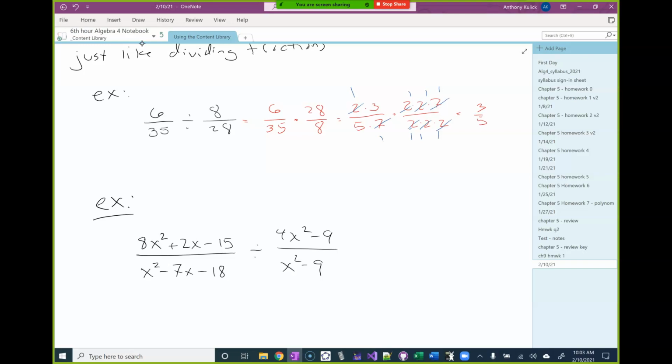What should we do first? Flip the right side. Good. Let's turn this into a multiplication problem.